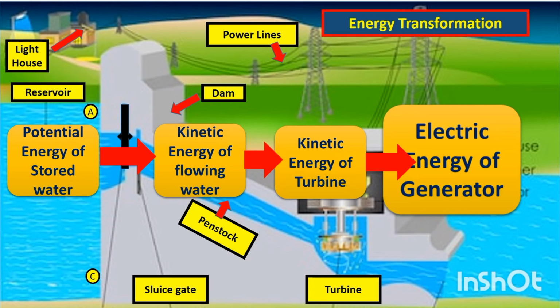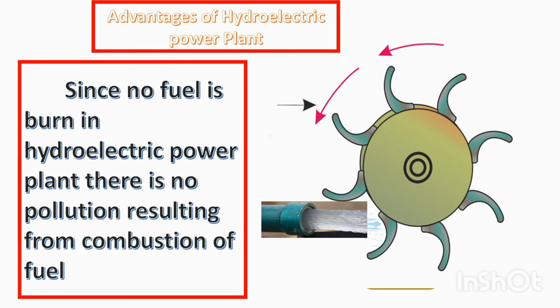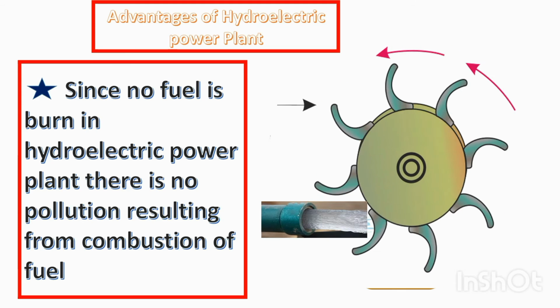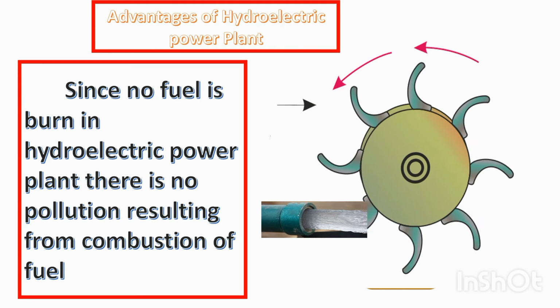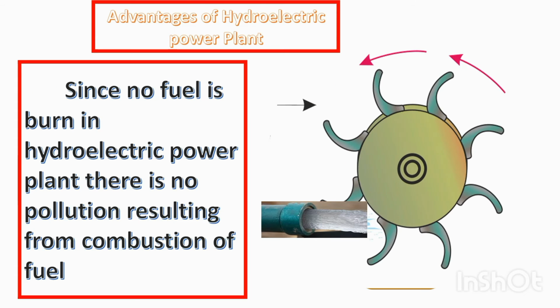Let's discuss some advantages of this power plant. Number 1. Since no fuel is burned in hydroelectric power generation, there is no pollution resulting from combustion of fuel.